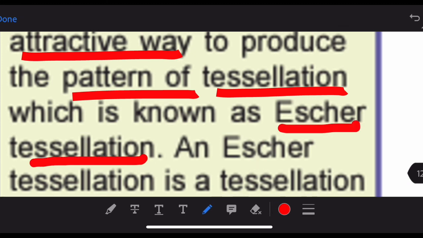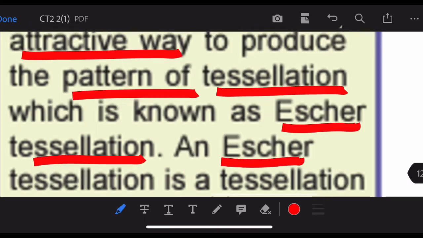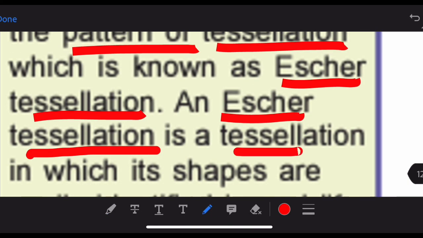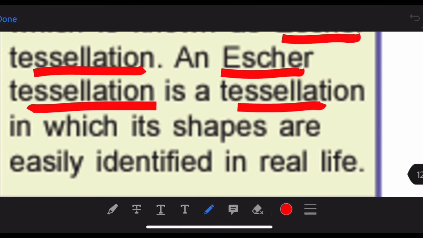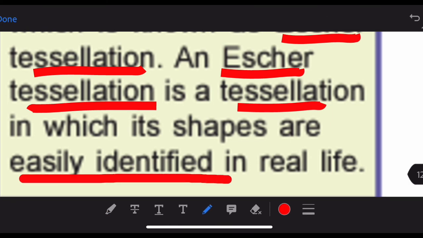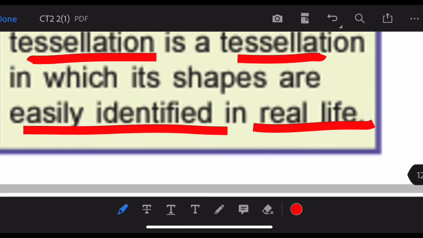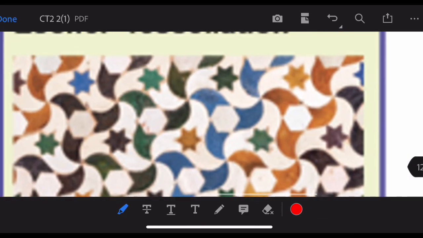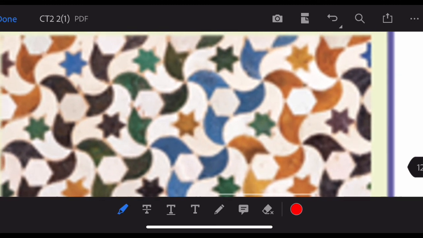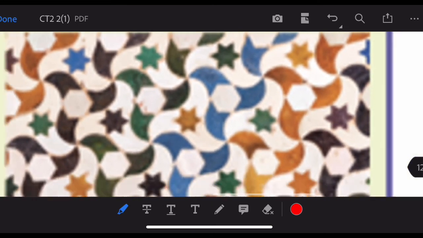An Escher tessellation is a tessellation in which its shapes are easily identified in real life. So this is one example of the shape that we can see in our daily life.